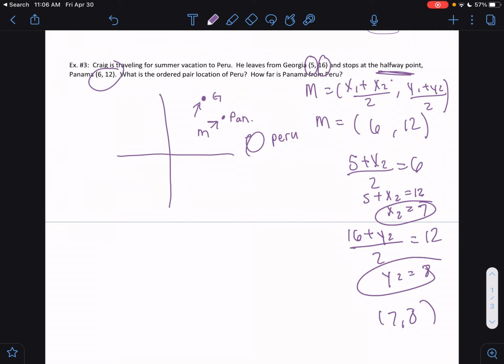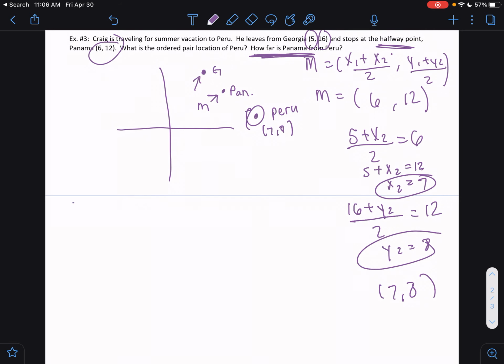Now, how far is Panama from Peru? So over 7 up 8 is my point. How far? We're going to have to use the distance formula now. So I want to know if I have points 6, 12 and 7, 8, what is the distance between them?